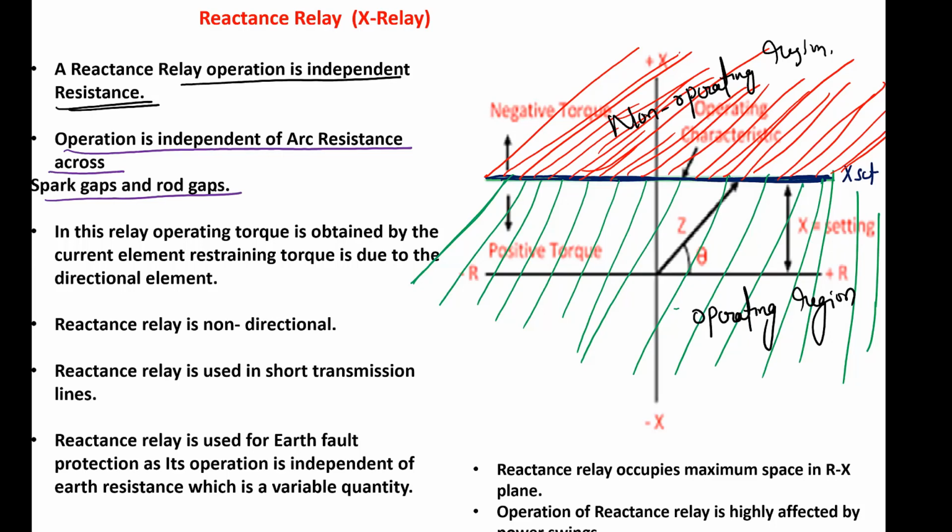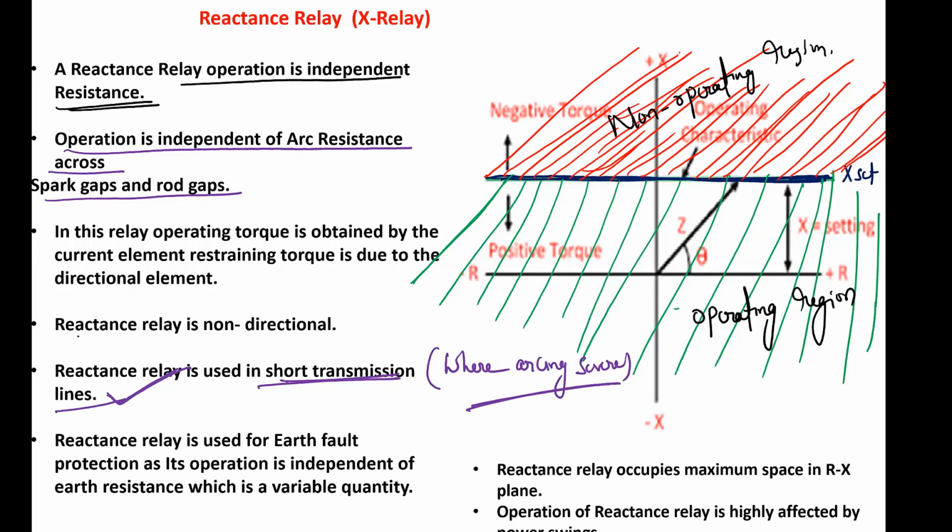So reactance relay is used in short transmission lines where arcing is very severe. In short transmission lines, arcing is very severe. So reactance relays are preferred for short transmission lines.